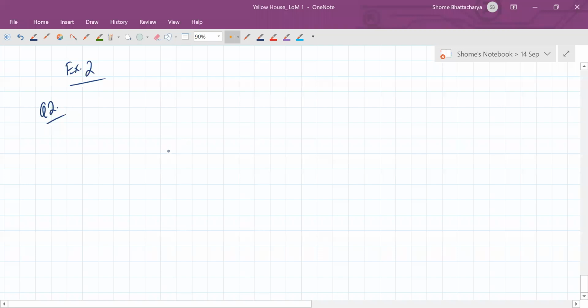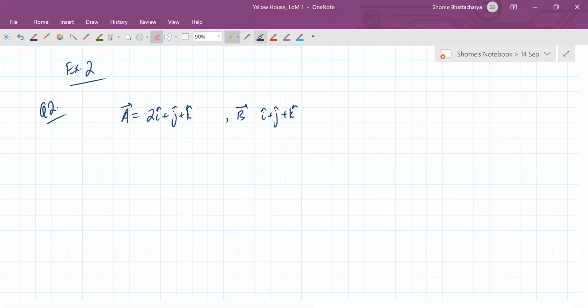Okay, so let's come to exercise 2, question number 2. So this is given: A is 2 i cap plus j cap plus k cap, and vector B is given as i cap plus j cap plus k cap. Now this is a type of question where instead of solving directly, we have to check the options.